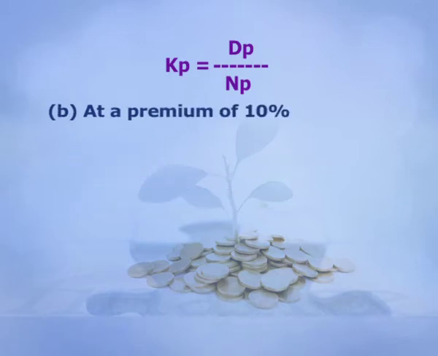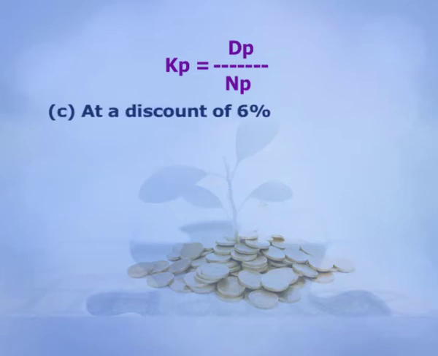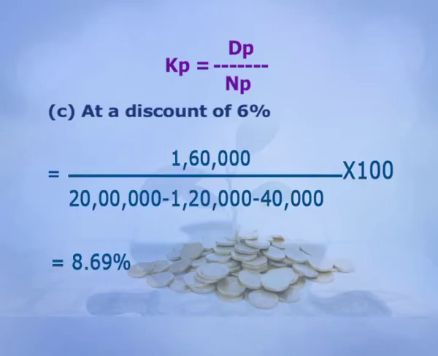Another is at a premium of 10%, it is equal to 1,60,000 divided by 20 lakh plus 2 lakh minus 40,000, whole multiplied by 100, which is equal to 7.40%. Third is at a discount of 6%, it is equal to 1,60,000 divided by 20 lakh minus 1,20,000 minus 40,000, whole multiplied by 100, which is equal to 8.69%.